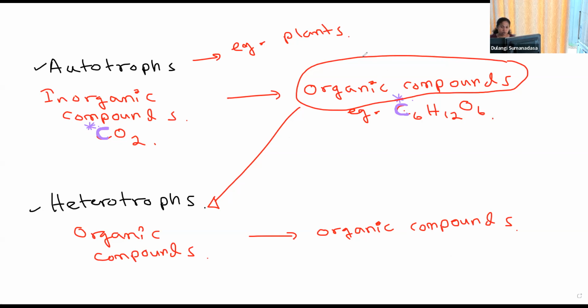Autotrophs can make their own organic compounds using inorganic compounds, but heterotrophs have to use the existing organic compounds and rearrange them into whatever shape they need. So if you have to use these two terms, this is what autotrophs and heterotrophs mean.